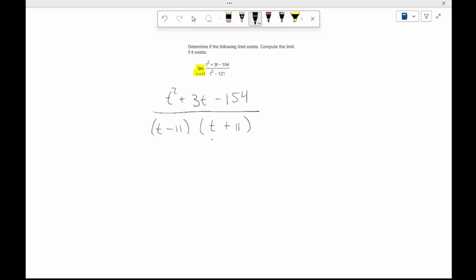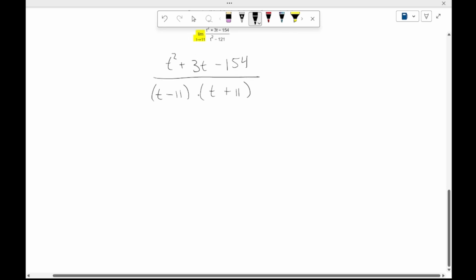The reason this is the same thing is the FOIL method: if you FOILed this out, it would equal that. If you don't know how to use quadratics, I strongly recommend you go back and study quadratics, as they will turn out to be very handy.